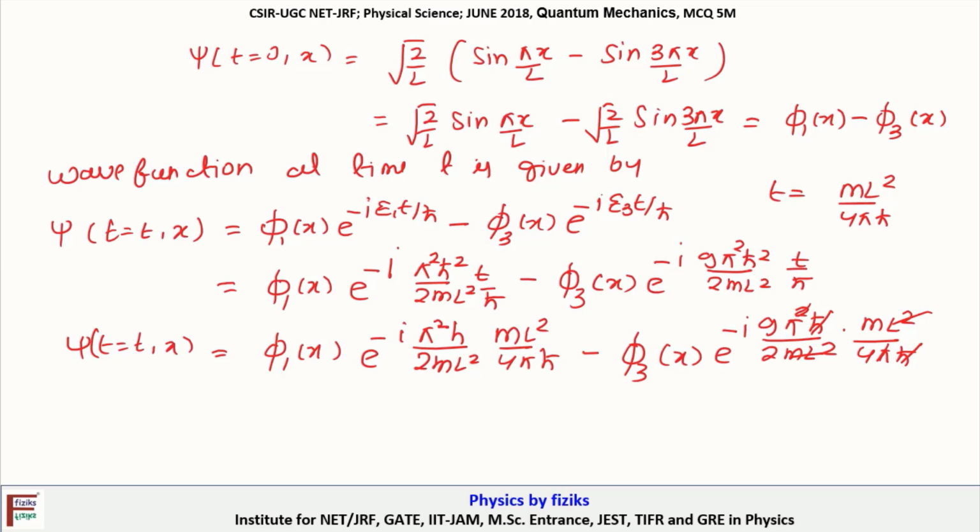So we would be having it phi 1 x e to the power minus i pi by 8 minus phi 3 x e to the power minus 9 i pi by 8.